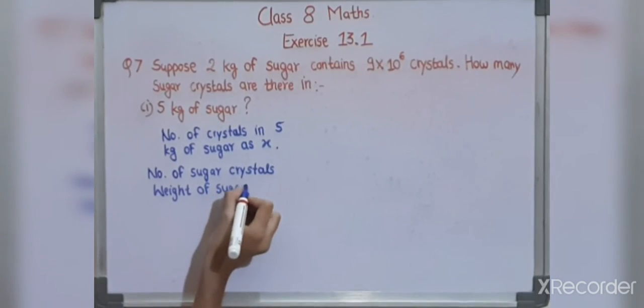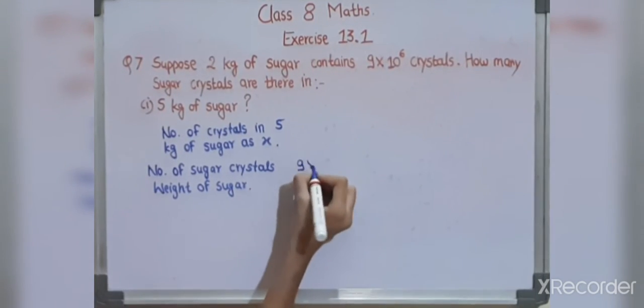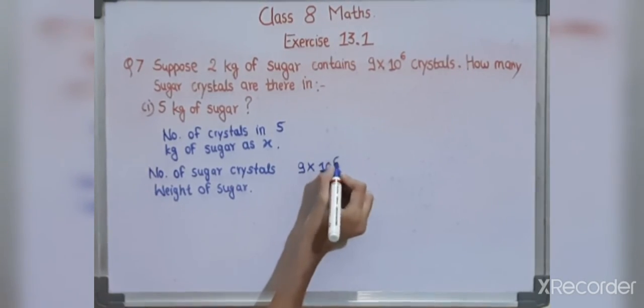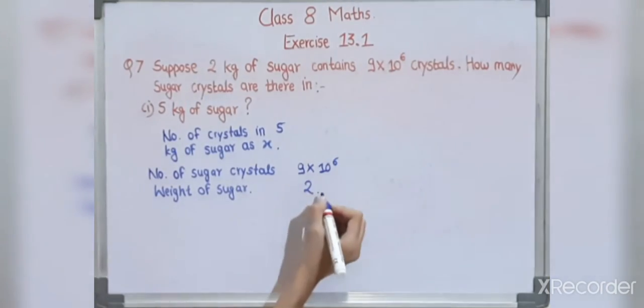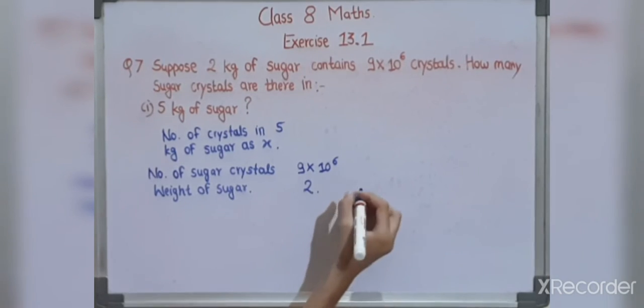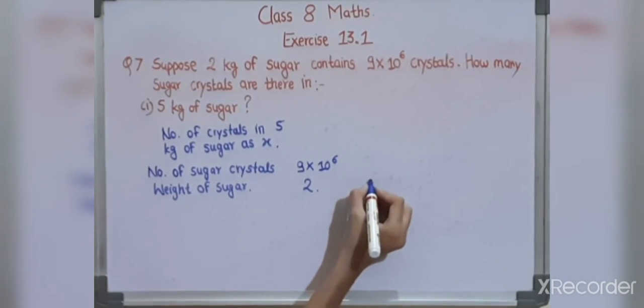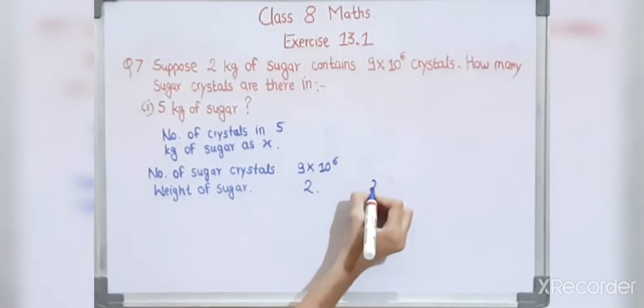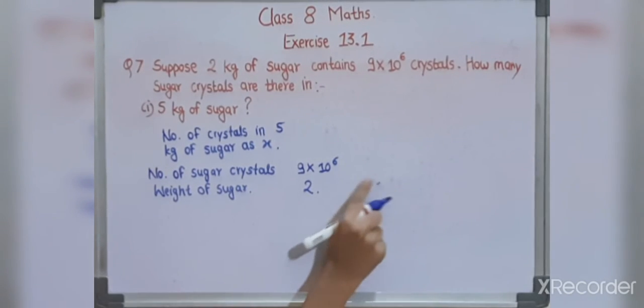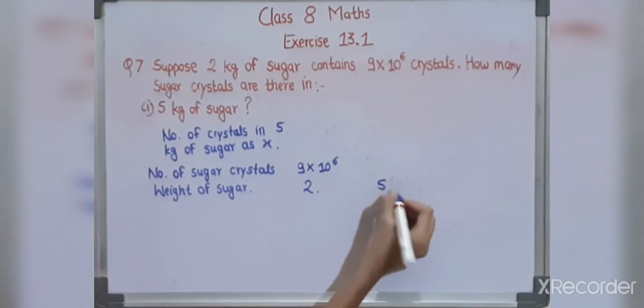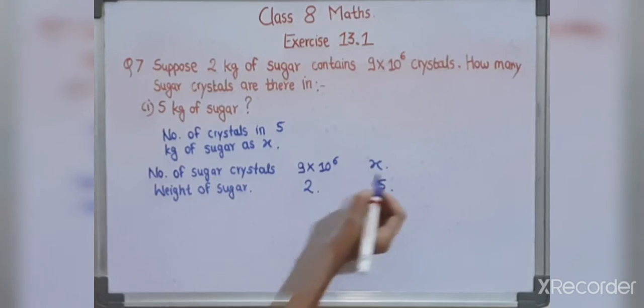So here the number of sugar crystals is 9 into 10 raised to power 6 for 2 kg of sugar. So we need to find out how much it is for 5 kg of sugar. Here the weight of sugar is 5 and we need to find out the number of sugar crystals here.